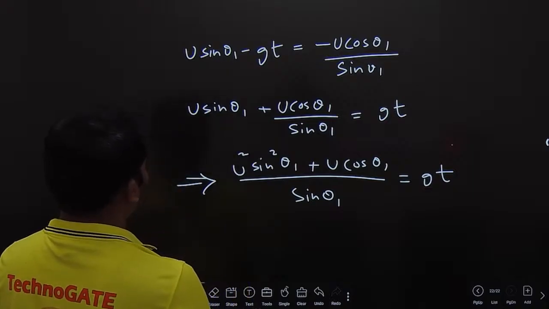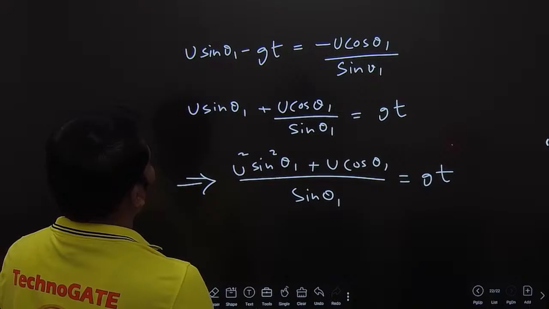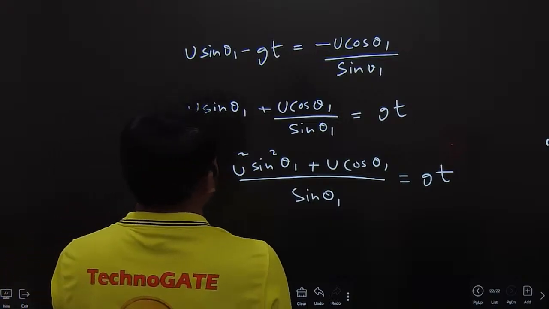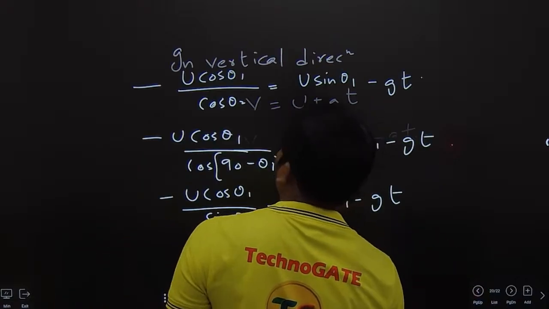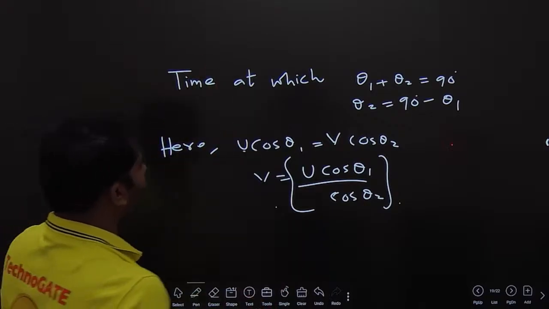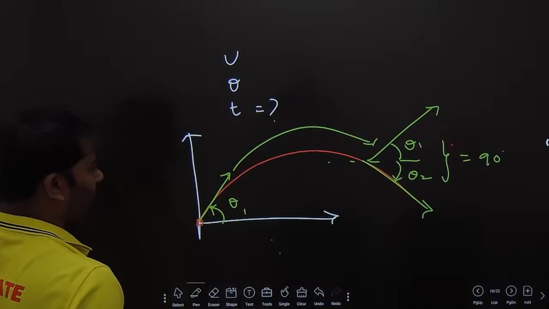Somewhere something should be going off. Cos theta 1 by sin theta 1 gt. I remember last time there should be cos square theta. Let me do this. Theta 1 plus theta 2 is coming out to be 90.